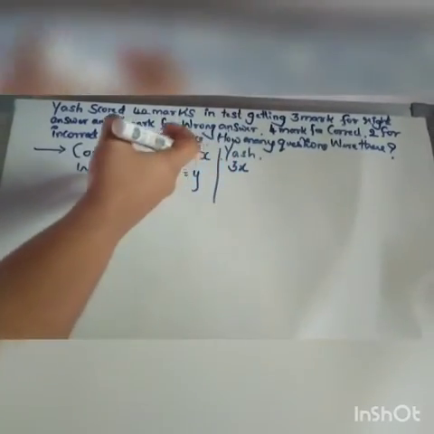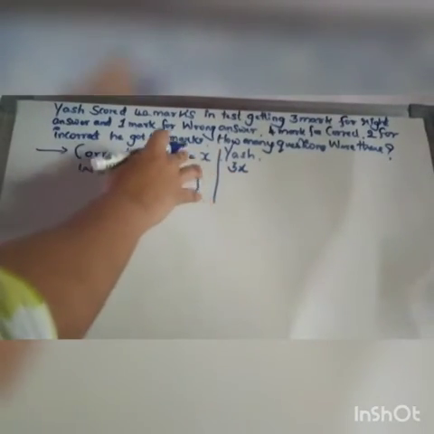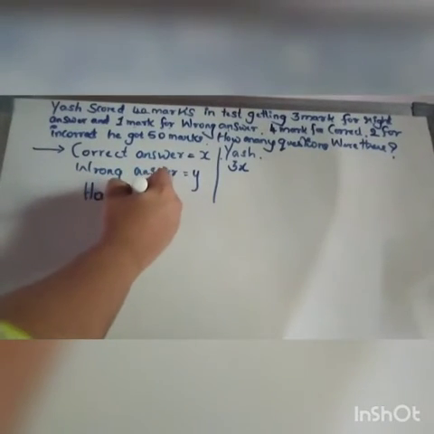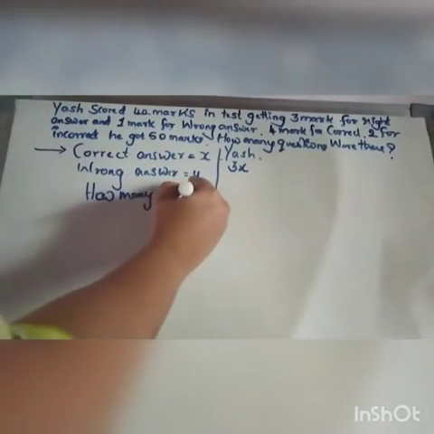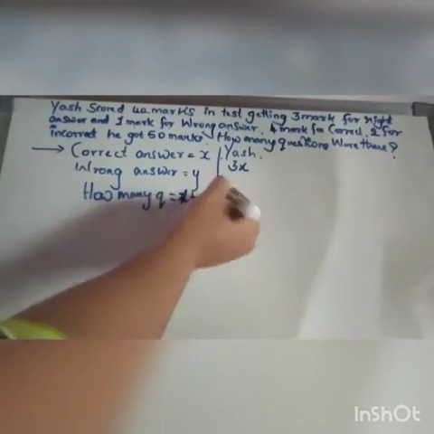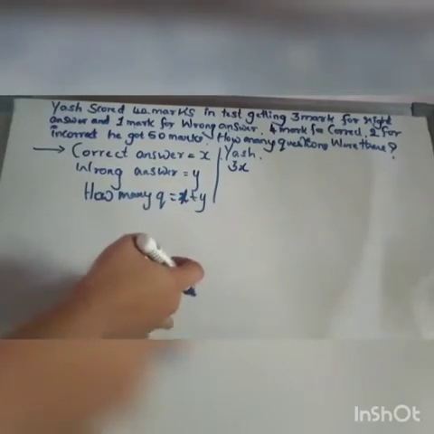We don't know how many questions there were, so we take the correct ones as X. Totally, how many questions were there, both correct and wrong? That is X plus Y.